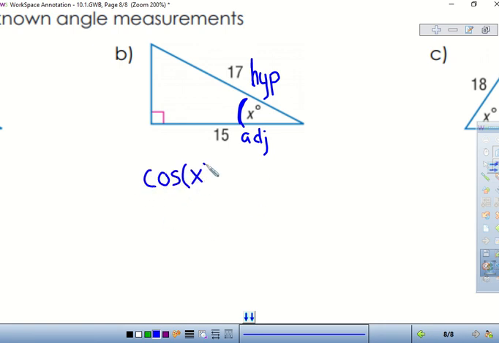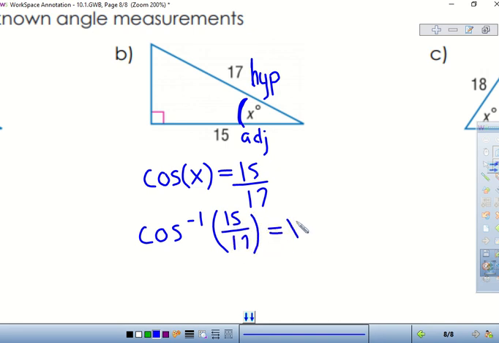Cosine of your angle is equal to adjacent over hypotenuse. When you have this set up, you can always flip it. So it'll be inverse cosine of whatever that fraction is equal to x. It's going to be x equals 15 divided by 17. Second cosine equals, I'm getting 28 degrees.